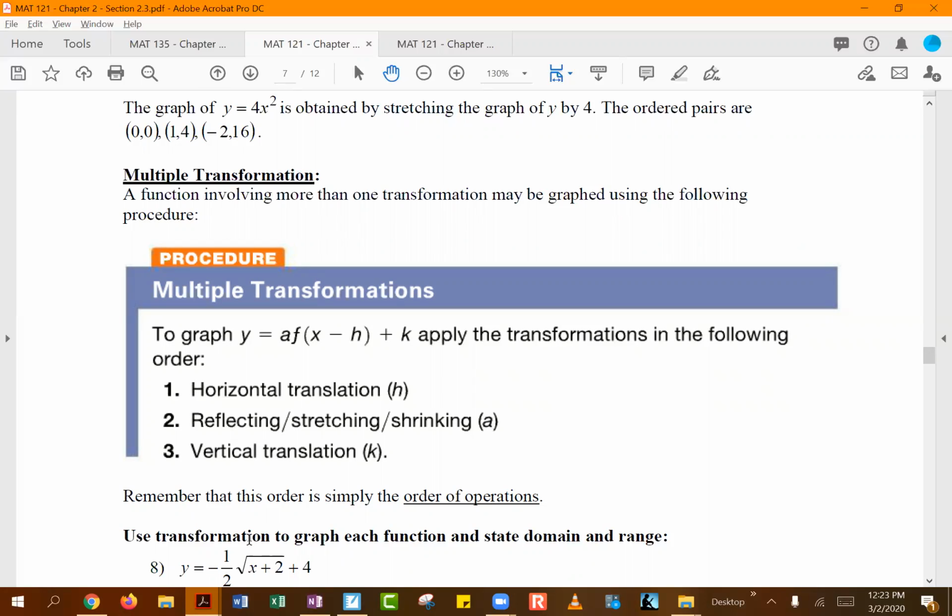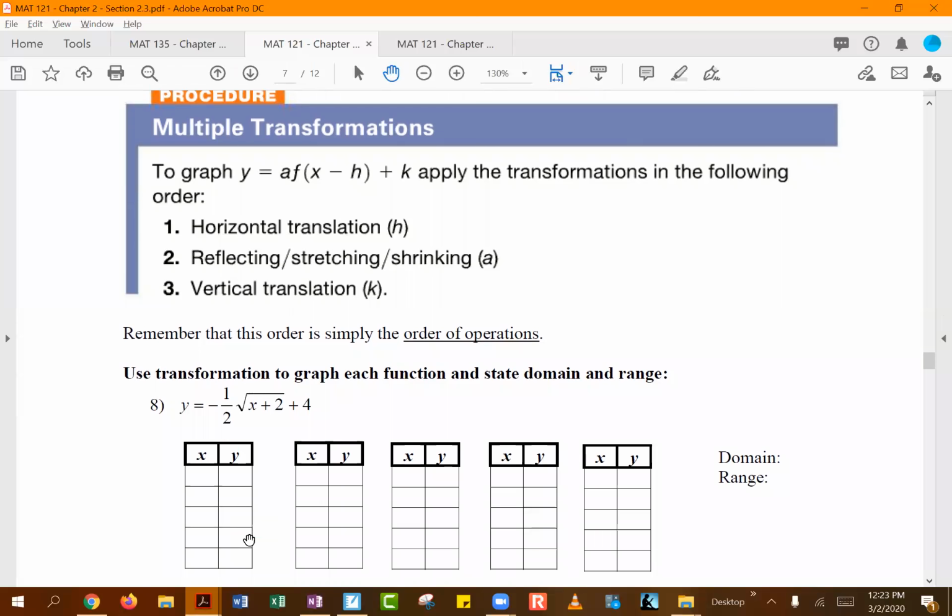So reflection and stretching and shrinking at the same level. And the very last transformation you do is your vertical translation. So start with horizontal, then reflection, stretch or shrink at the same level, and then the very last one is vertical translation. So you actually have an example here.